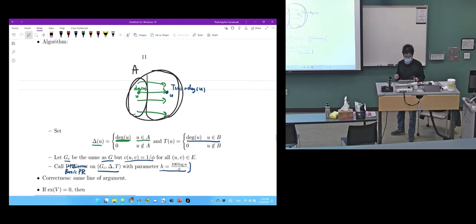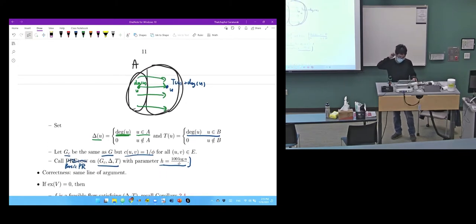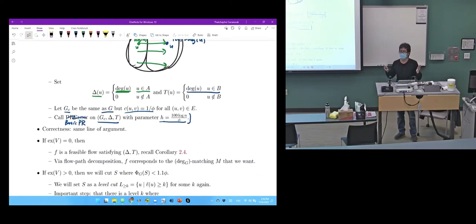So that's the algorithm. And well, the correctness is simple again. There are two cases, either there is an excess or not. If there is no excess, then you get a feasible flow. That's really the definition. No excess, you get a feasible flow that satisfies source and sink.